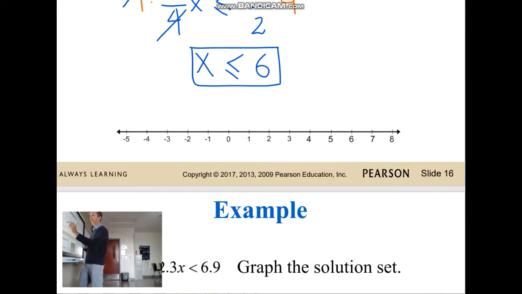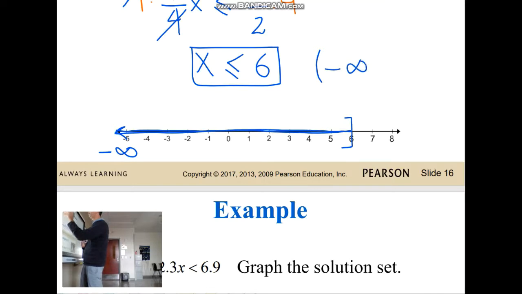Find 6 on the number line. Less than or equal to means a bracket. Everything that's less than or equal to 6 is included in the interval, all the way to negative infinity. Using interval notation, it's from negative infinity with a parenthesis, comma, 6 bracket.